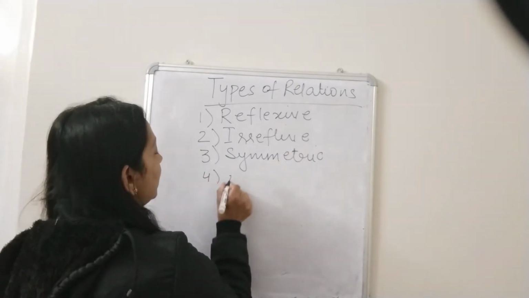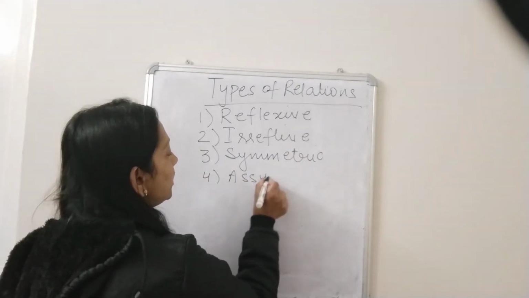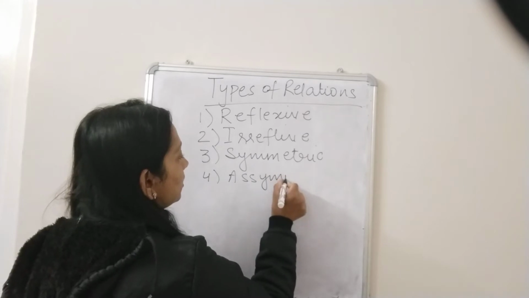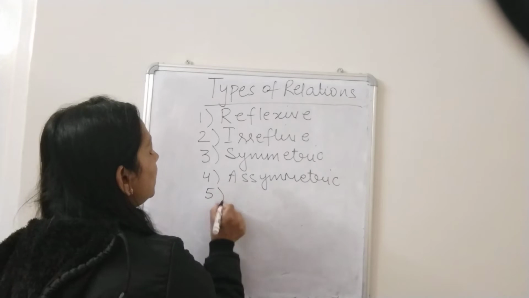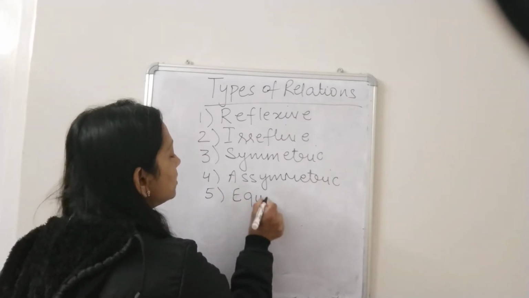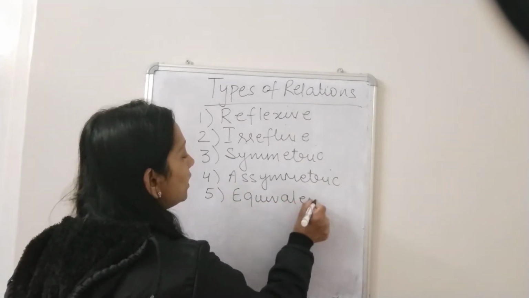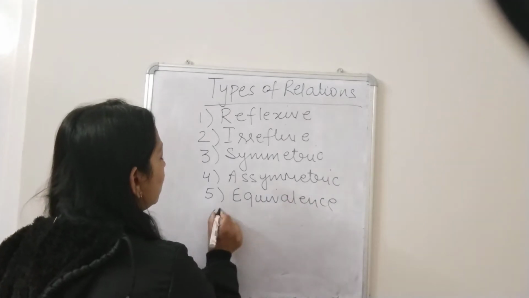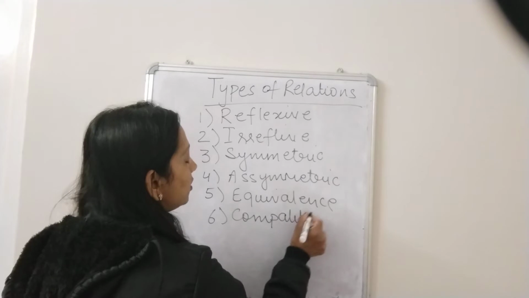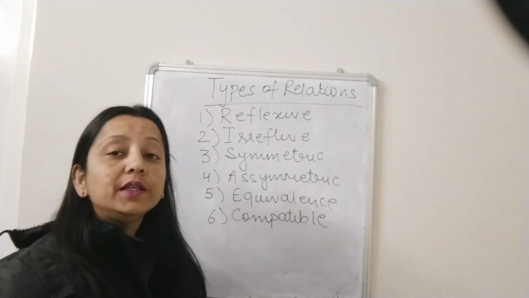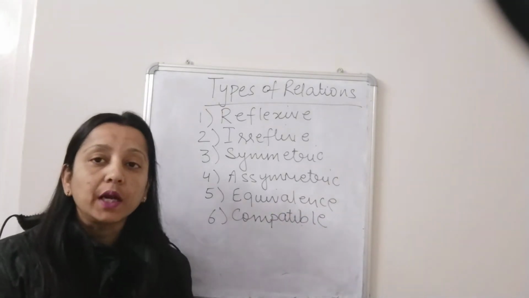Then we have asymmetric relations. Then we have equivalence relations. And then we have compatible relations. So these are the different types of relations that we will be studying today.